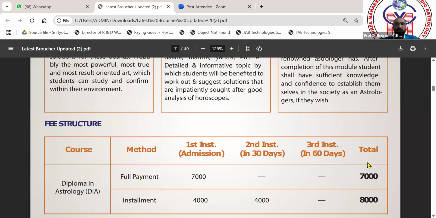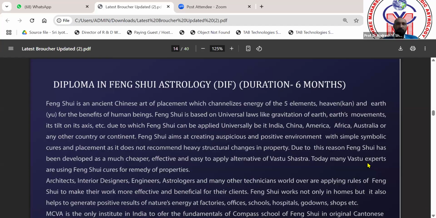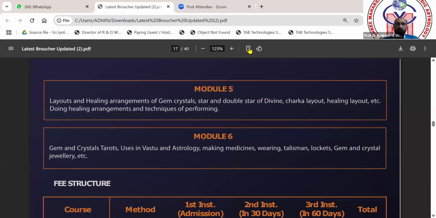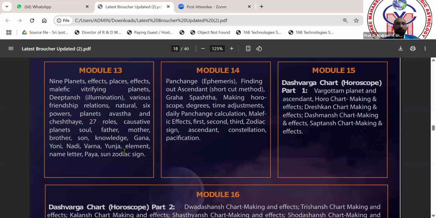And the same course is extended to the next level, where you will be learning the particular course in much more detail about the planets, their positions, and also the effects of the particular combination of planets in different charts, right?